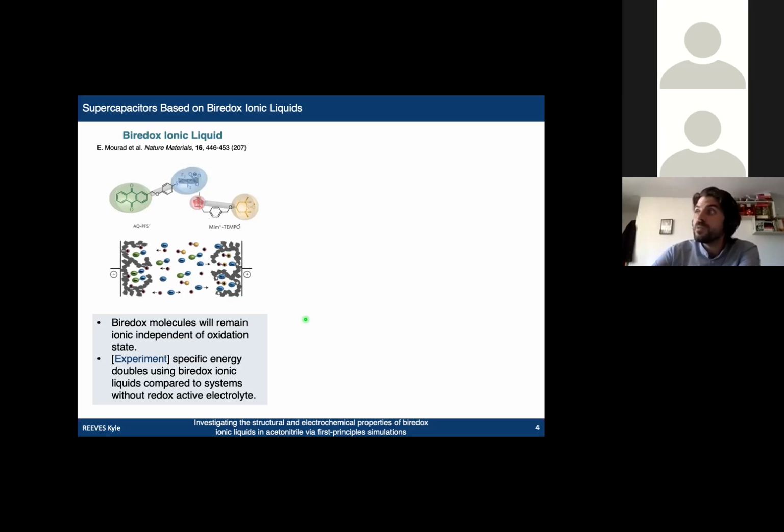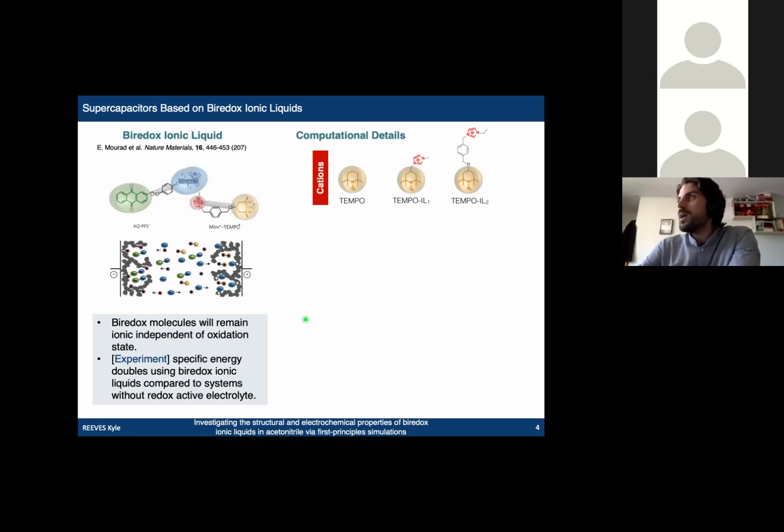So this is where our work comes in, using high performance computing to investigate the nature, the atomistic details of these types of systems, to understand why they behave the way they do, and gain insights into design of future generations of this class of materials. So we propose here to run molecular dynamics simulations of cations.